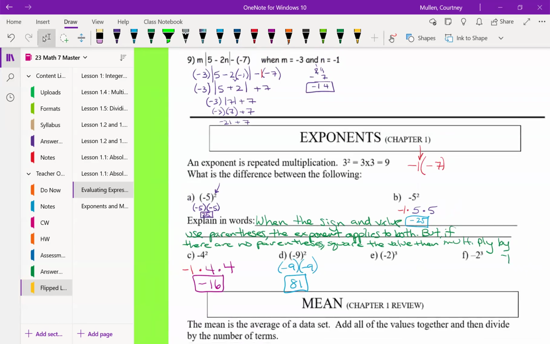Try E. So we'll have negative 2 times negative 2 times negative 2, because both the sign and the value are in parentheses. Negative 2 times negative 2 is positive 4. We bring down the third negative 2, and we end up at negative 8.